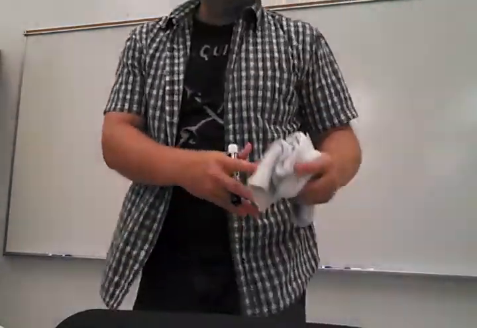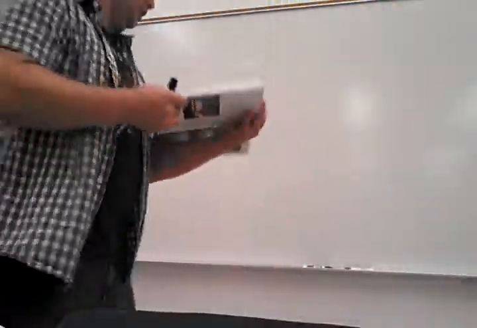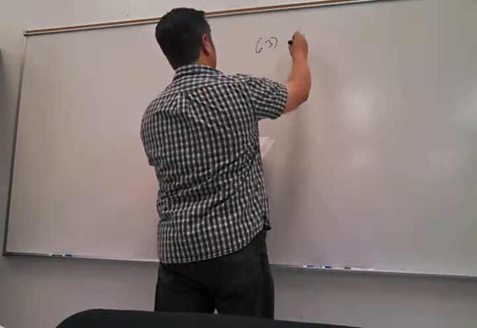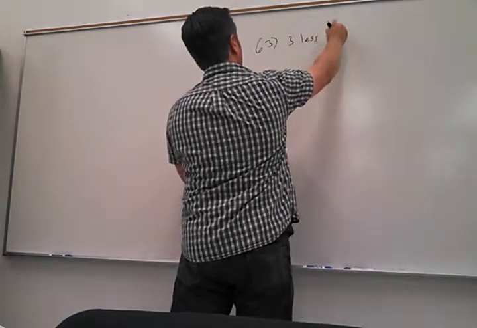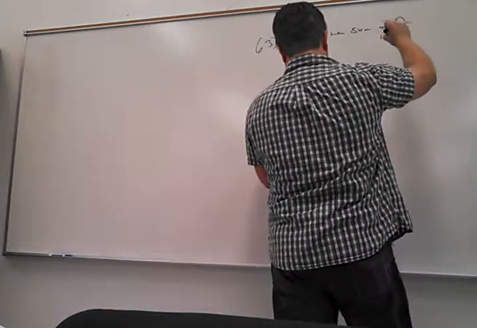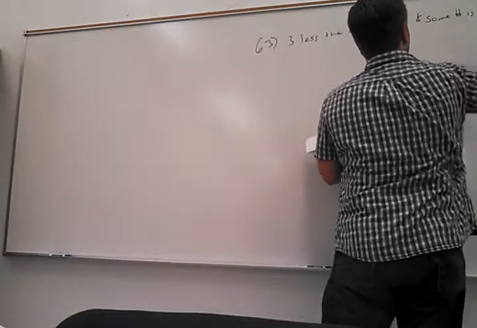Poor little word problem. You hate it and everything. So let's see, 63. 3 less than the sum of 2 and some number is 6. Okay, right there.